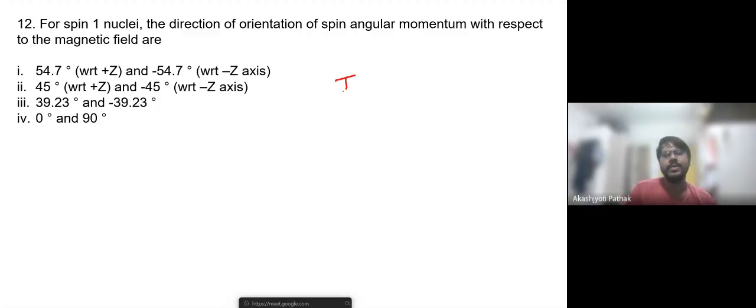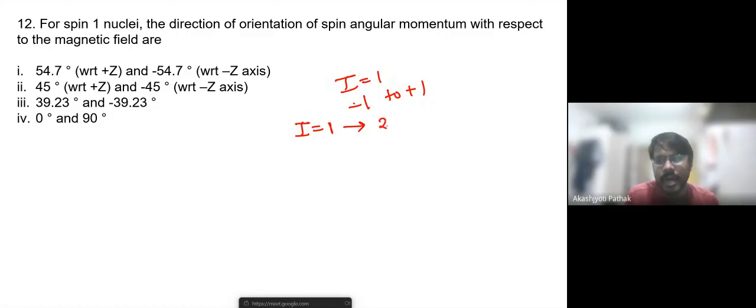If the spin quantum number is 1, what values will it have? It is not just plus half and minus half; it will have minus I to plus I. So it will have 2I plus 1 values, that is, three values: minus 1, minus 1 plus 1 which is 0, then 0 plus 1 which is 1.